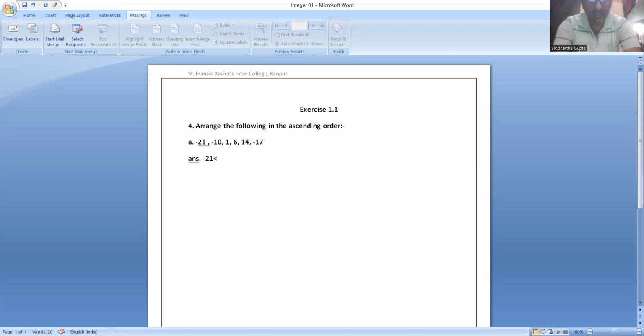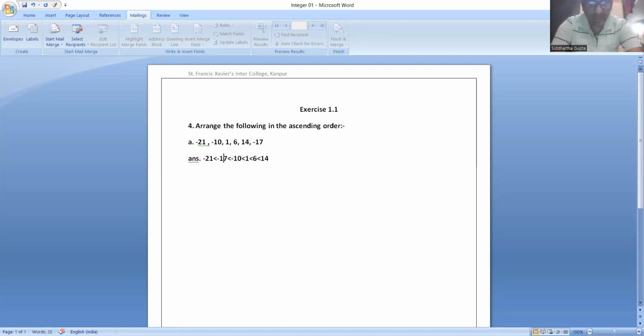After that minus 17, and after that we have to place minus 10. Then we have to put the positive number 1. After that the next number is 6, and after that we place number 14.